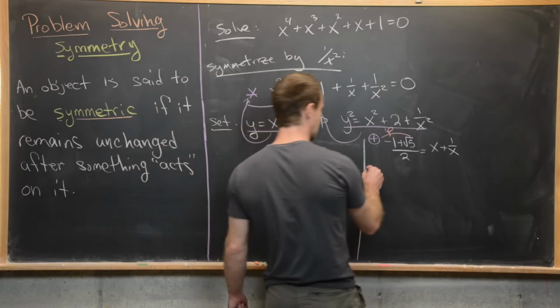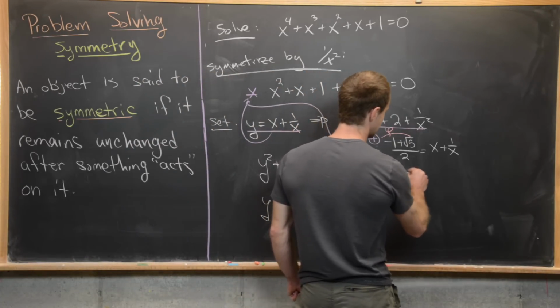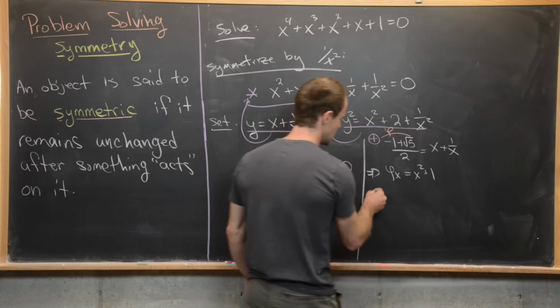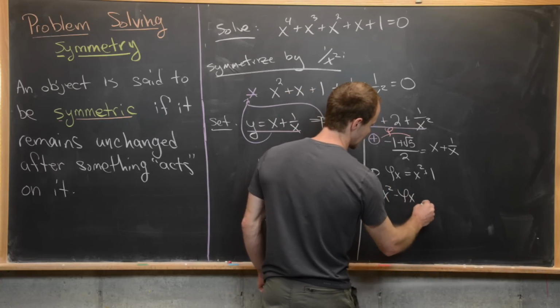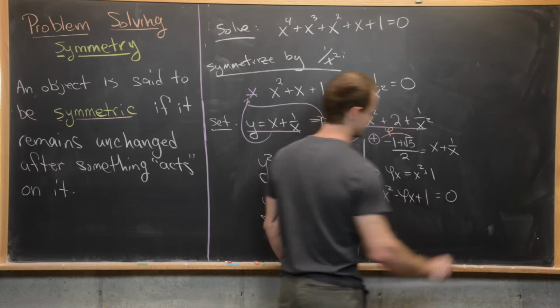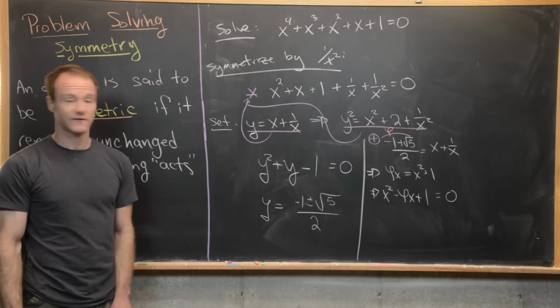And notice that we can multiply both sides of this equation by x, and we get phi times x equals x squared plus 1, which is the same thing as x squared minus phi times x plus 1 equals 0. Now we've got a quadratic equation that we can solve with the quadratic formula.